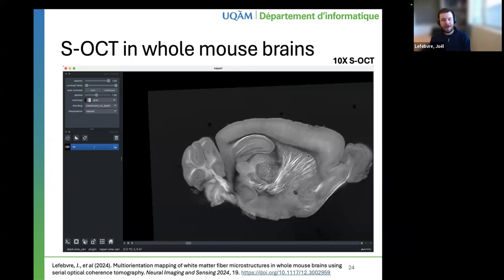We can follow the fibers, we can see them visually, and we are able to track them. That shows us that it's probably a good tool to study structural connectivity without using labels. That means we can study many more brains.